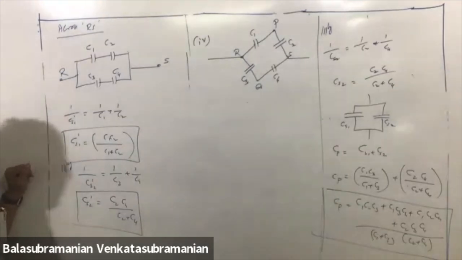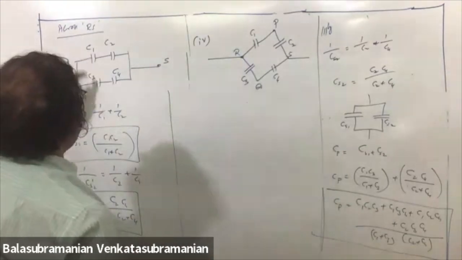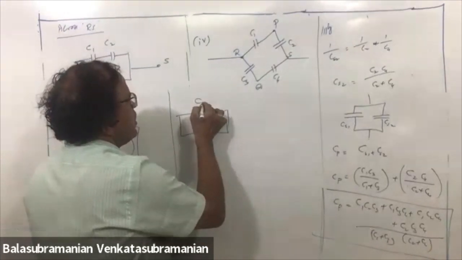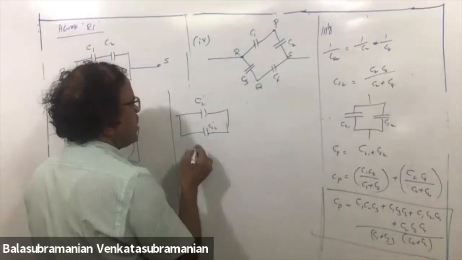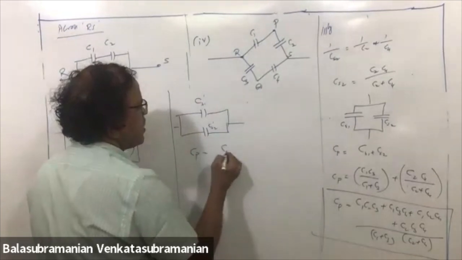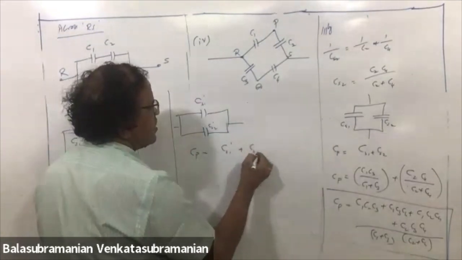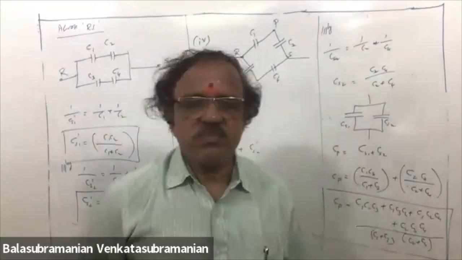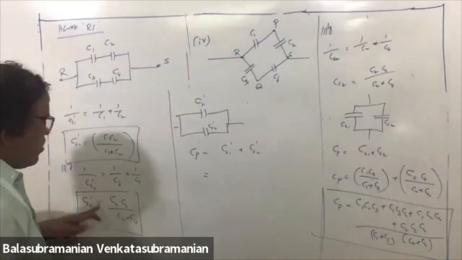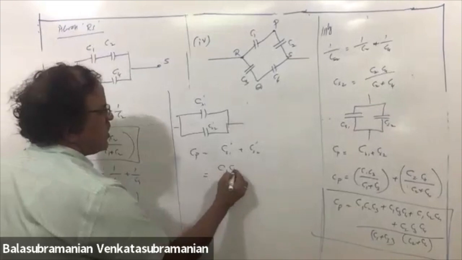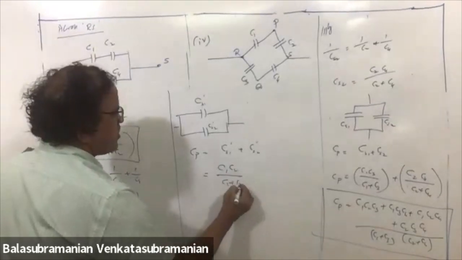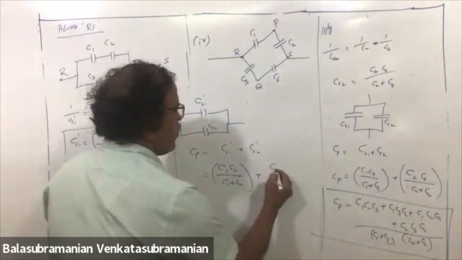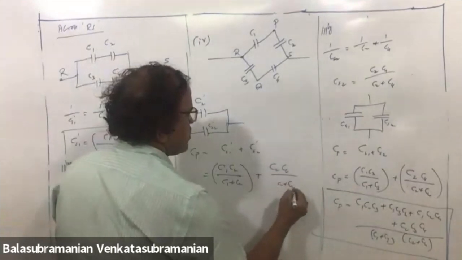Simple. Now, these two are in parallel. So I can write CS1 dash, CS2 dash. CP resultant will be CS1 dash plus CS2 dash. Add. Parallel connection means we have to add. So the value is C1 C2 by C1 plus C2 plus C3 C4 by C3 plus C4.